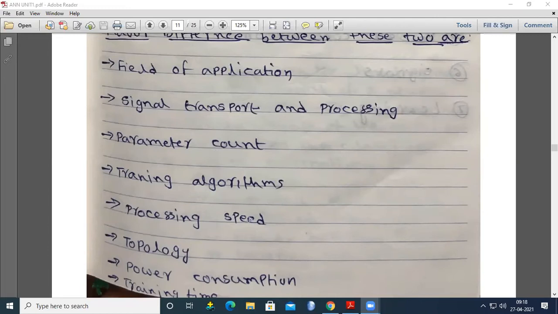At what speed you are going to process the data. Topology. How these neurons are connected, that we call topology. Power consumption. How much power it consumes for this ANN model. And training time. How much time it takes to train the data.